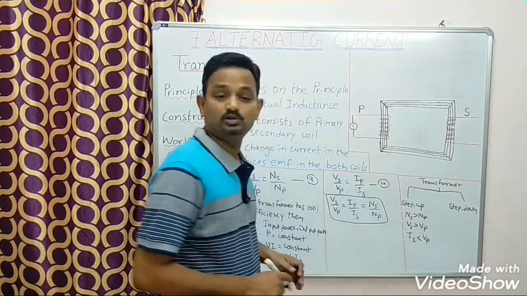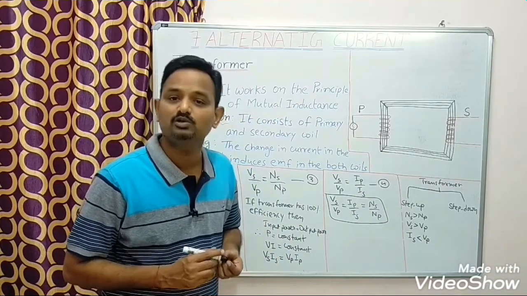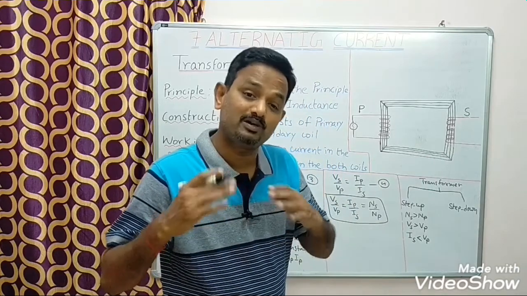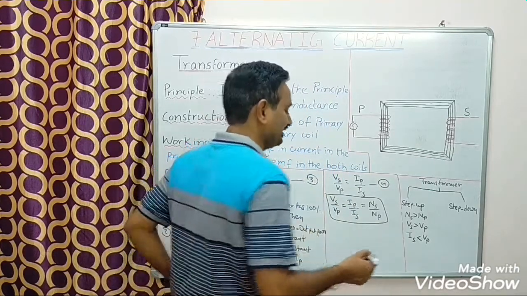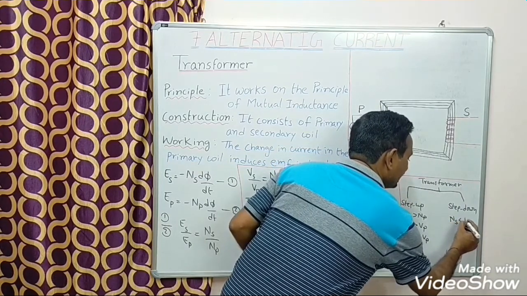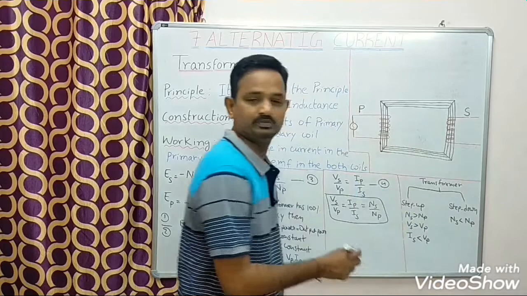Then what about step down transformer? In step down transformer, number of turns in secondary coil is less than number of turns in primary coil.